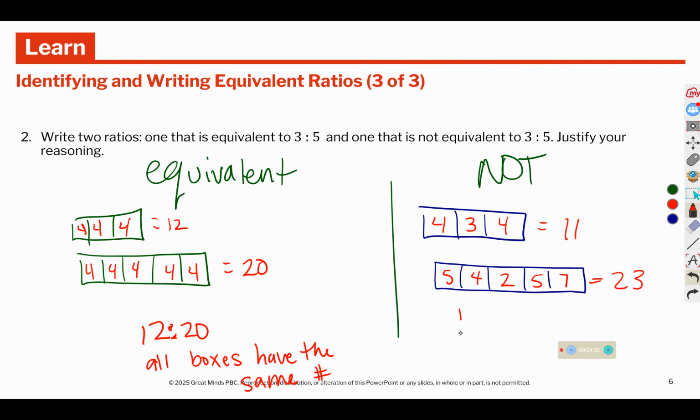And the reason that 11 to 23 is not equivalent is because I didn't fill in every box with the same number.